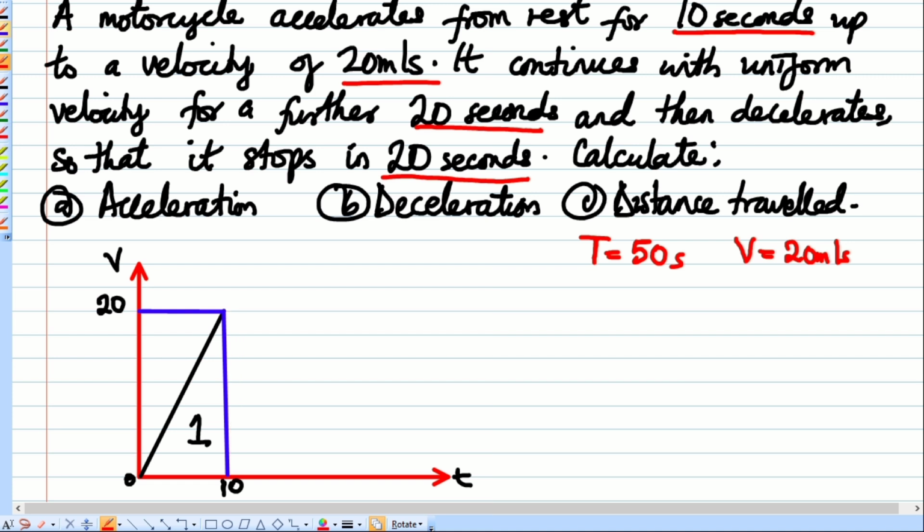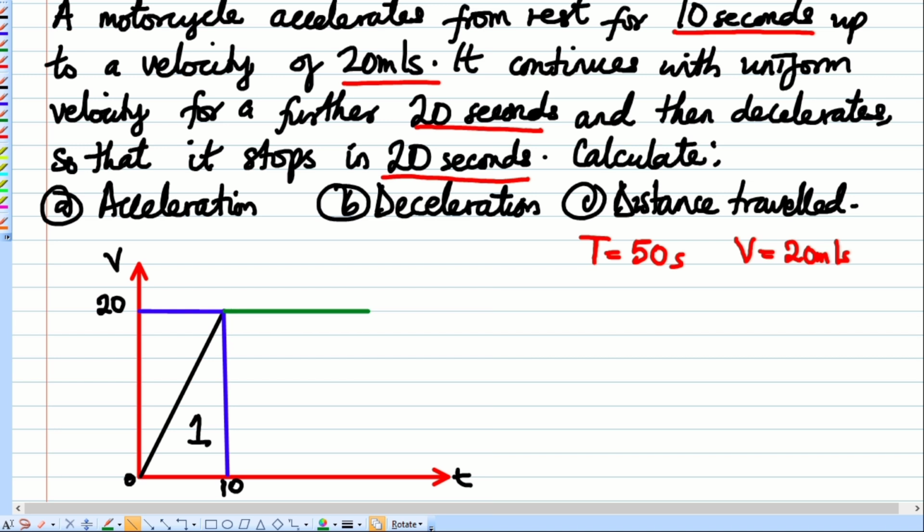Now for the second part, it says that it continues with a uniform velocity for 20 seconds. That means the velocity did not change. So at this 20, it kept going that way. I'll use another color, green, to show the uniform velocity. From this point it kept going for how many seconds? For 20 seconds.